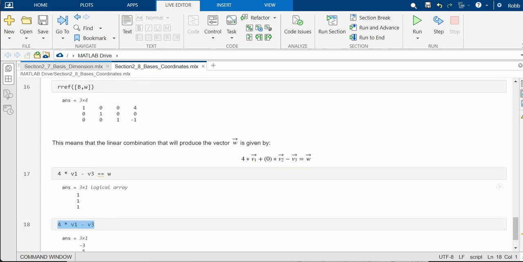So remember that when I row reduce all the way to RREF, I'll have the coefficients that go in the linear combination that results in the vector W, right?